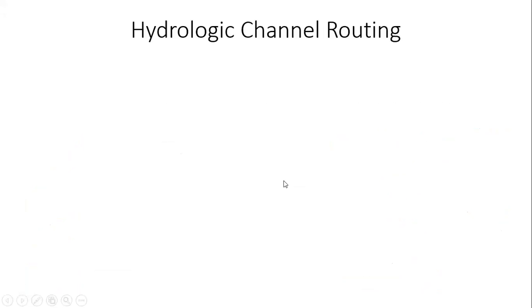All right. Okay, so now let's move on to the next topic. So far we were talking about routing of a flood through a reservoir, which basically absorbs the incoming flood, lowers the peak, and lets it out on the outflow side into a channel.